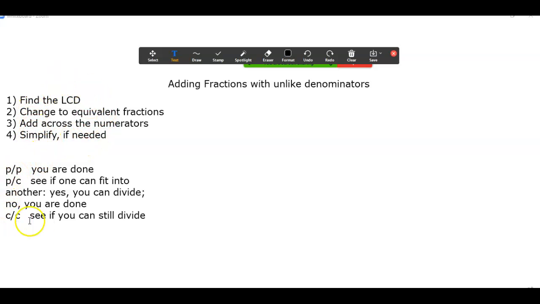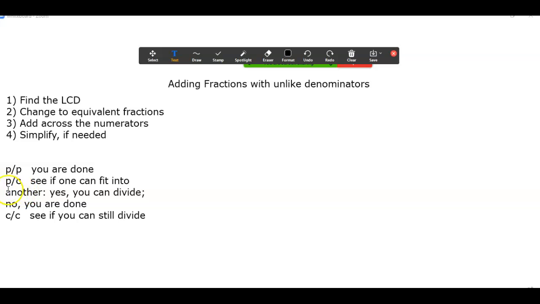And then down here, we talked about this last week when we were simplifying, about how if you get a prime numerator and a prime denominator, you're done and you're simplified. You can't simplify again. If you get a prime numerator or denominator and a composite numerator or denominator, so one of each, you see if the one can fit into another.